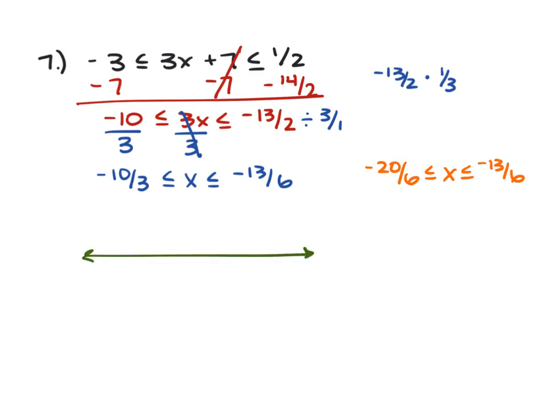Okay, so from here, I'm just going to graph this. If I wanted to, I could have changed that -10/3 into -3 1/3, and then that -13/6 is -2 1/6. This might give myself a little bit easier way of graphing this, so that I can represent this a little bit better.